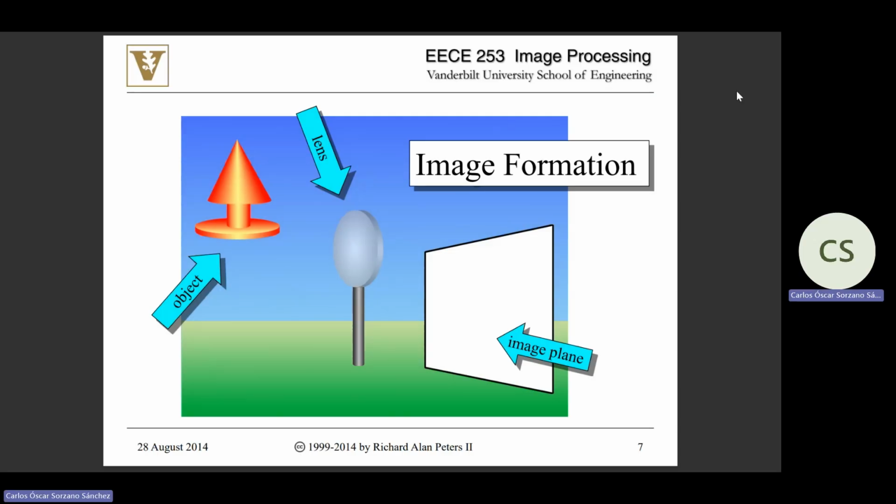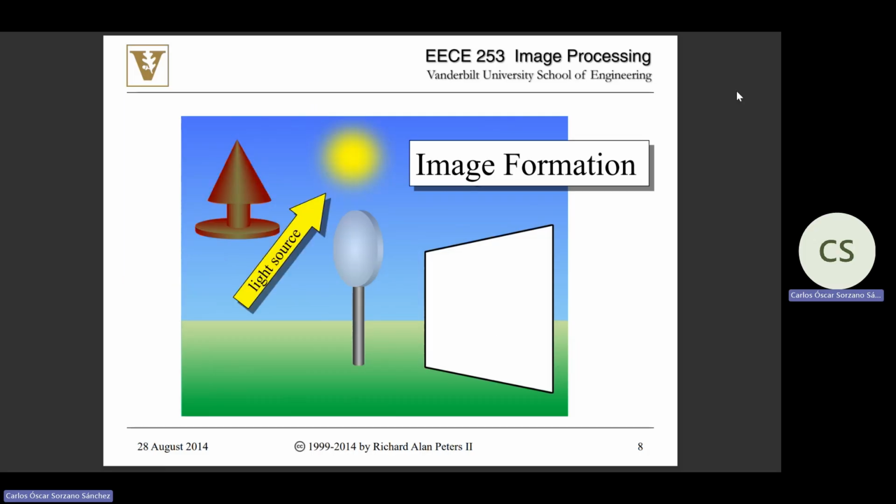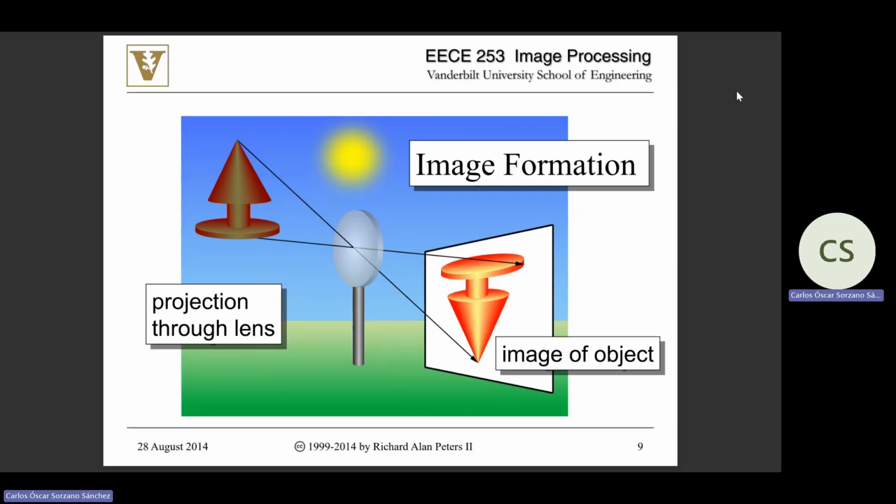Okay, so how does an image form? You have an object in the real world, and then you collect images of that object, and normally you do that with some optical device. The optical device will have some kind of plane that projects. You must have a light source, something that emits energy, and then the photons emitted by the sun go to the object.